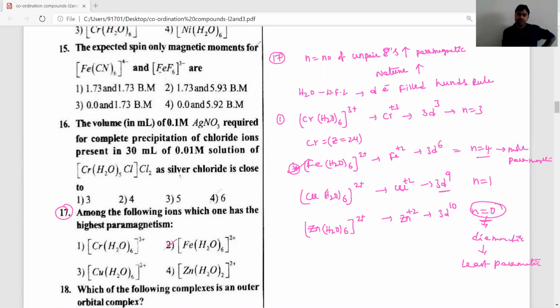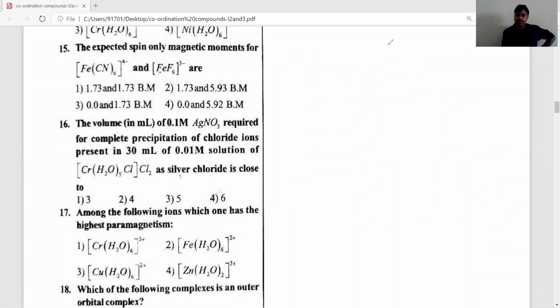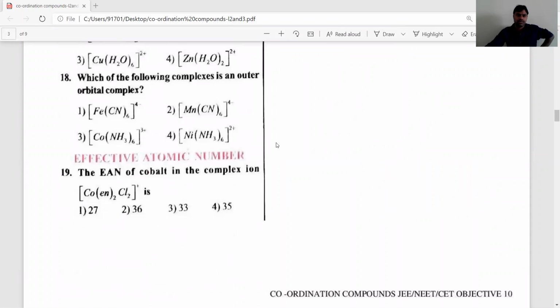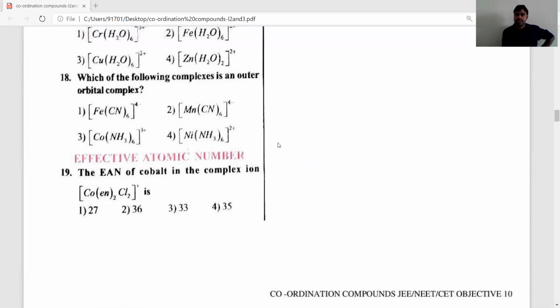Let's see the 18th question, dear students. What is the given question? 18th question, very easy. Which of the following is an outer orbital complex? We need to identify outer orbital and inner orbital complexes. How can we identify them?